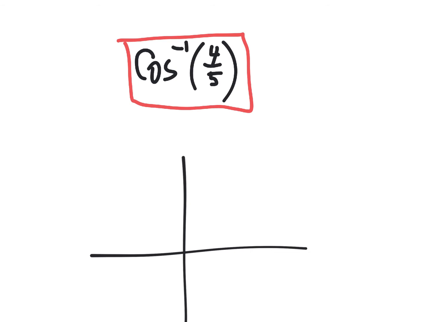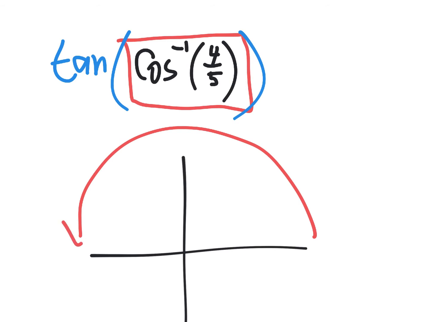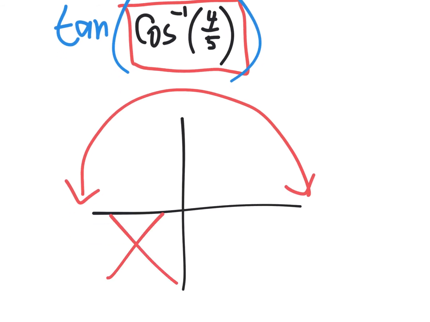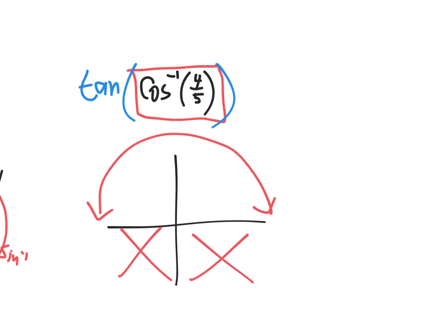And then if I do tangent of it, I'm doing tangent of that angle. So do I ever actually need to find out the angle? No, because I'm going to do tangent of the angle. All right, so my advice on this is whenever you're doing these, immediately make all the restrictions. Like, I know this is inverse cosine, so I'm only going from here to here, and cross off the other two right away, so there's no chance of using them by accident.